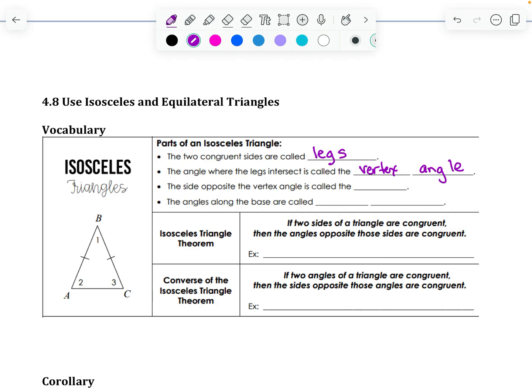The side opposite the vertex angle is called the base, and these two angles, angle 2 and 3, are called the base angles.